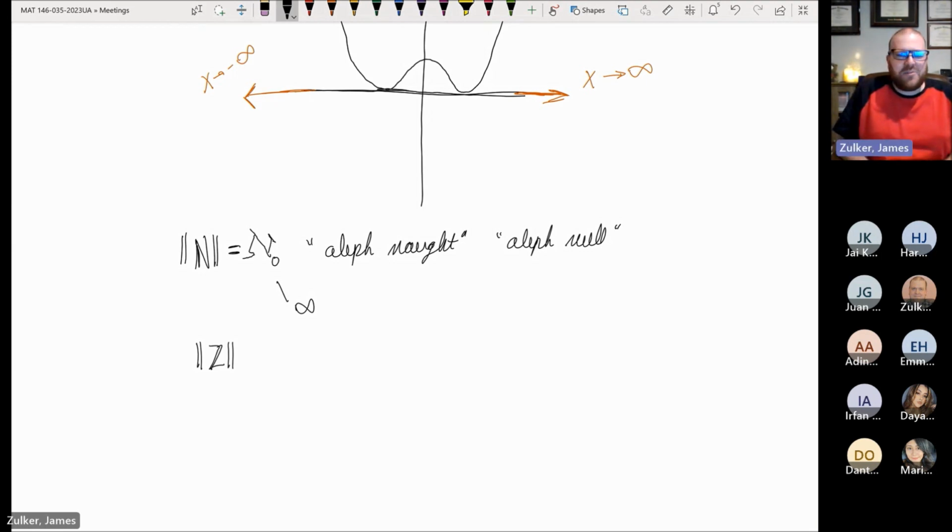Right? Specifically, it would seem that there are twice as many integers as natural numbers because you're dealing with the negatives. This is not the case. They have the same cardinality. They have the same size.